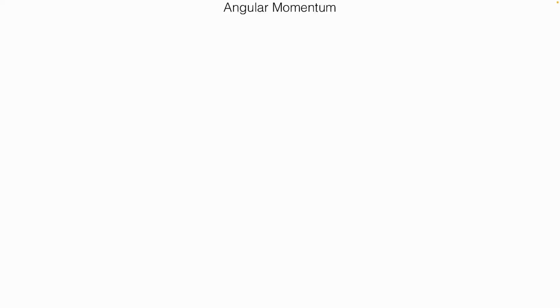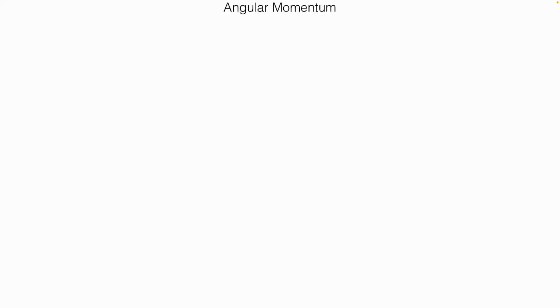I get an angular momentum of rmv, which is, again, great as long as you understand that that one is only for a circle. And if we use our Google Translate, where we can go from v's to omegas, well, what does this turn into? We get an r times an m times an r omega.